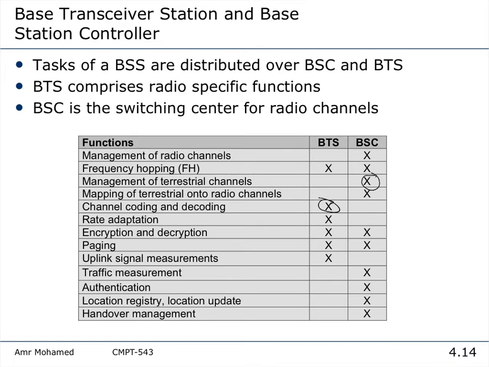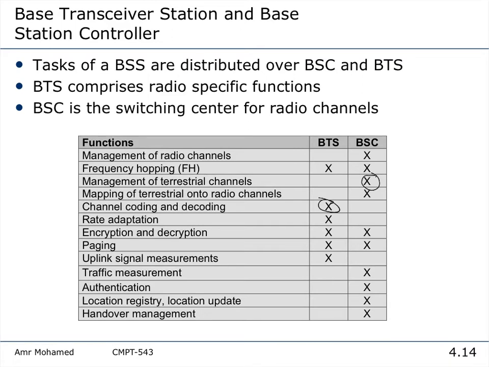Which location area? Based on the home location register. So they know the location area of where I am, and then they assign this job of finding me to this mobile switching center, which is responsible for this location area.